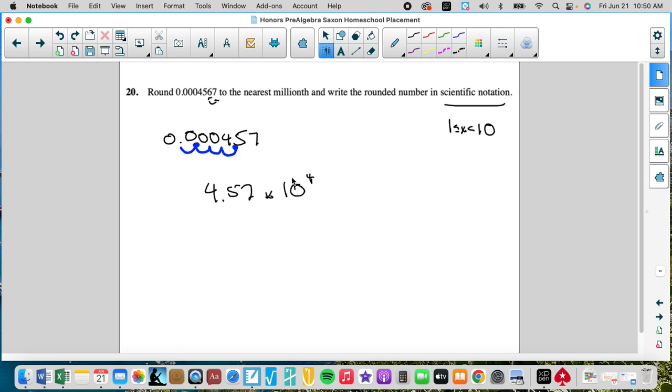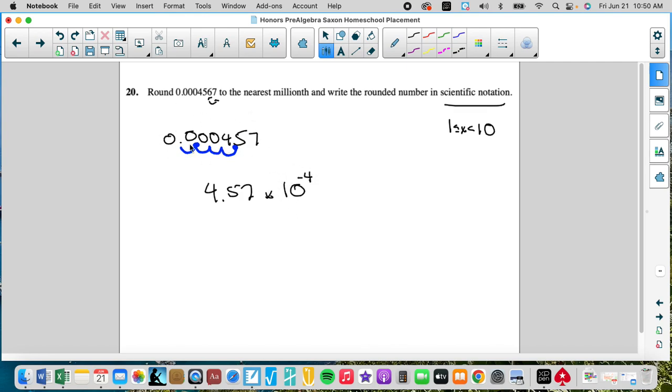Well, 10 to the fourth is a really big number, right? 10 to the fourth is a 1 with 4 zeros. That would make this number bigger. Well, this number isn't a big number, so it can't be positive 4. It has to be negative 4 because 10 to the negative fourth is a really small number. That's 1 over 10 to the fourth. So there's where all the smallness went.